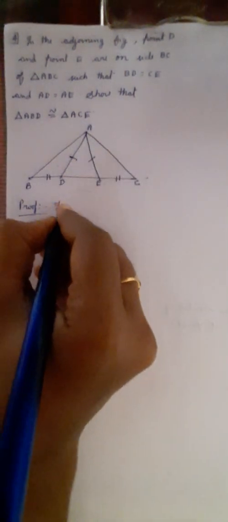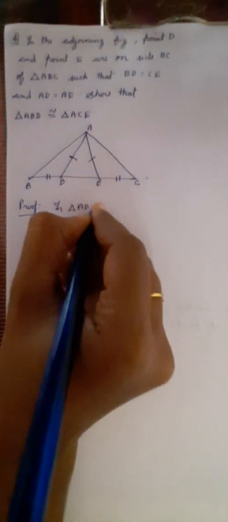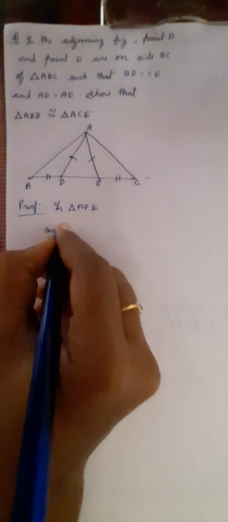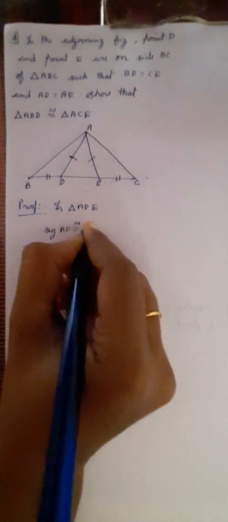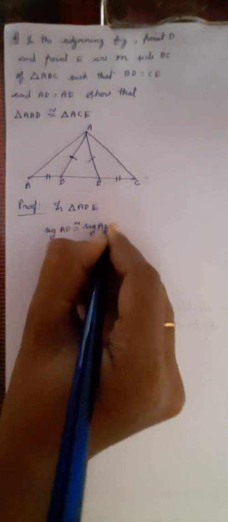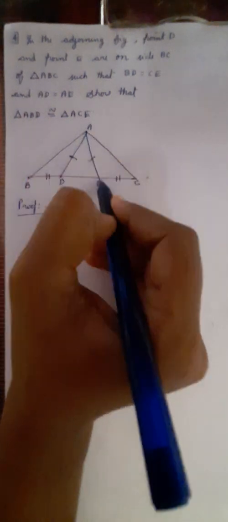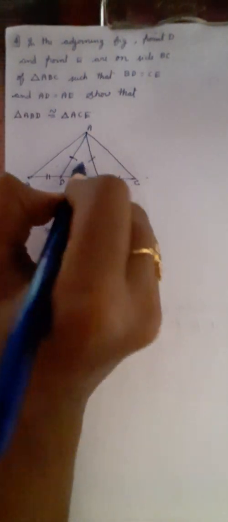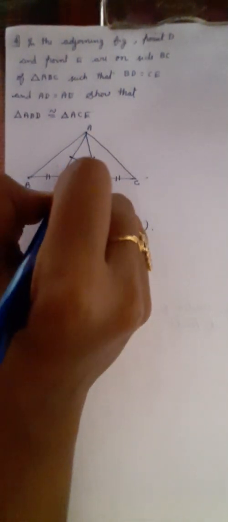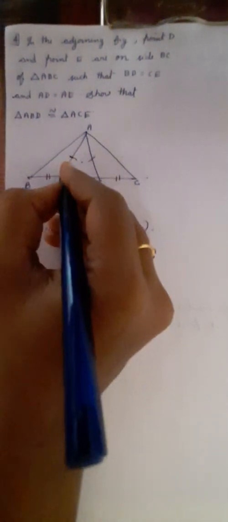So in triangle ADE, seg AD is congruent to seg AE. This is given in the question. Okay, so here if two sides are equal, then we can call it an isosceles triangle. In an isosceles triangle, according to the isosceles triangle theorem, if two sides are equal, base angles are also equal, we can say, correct?